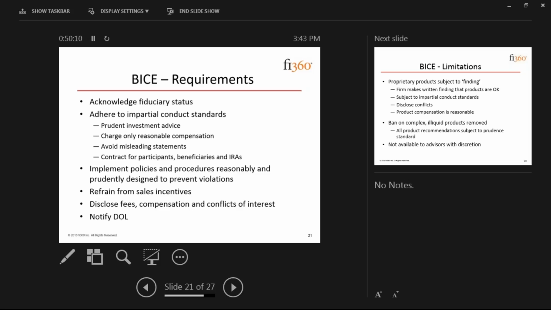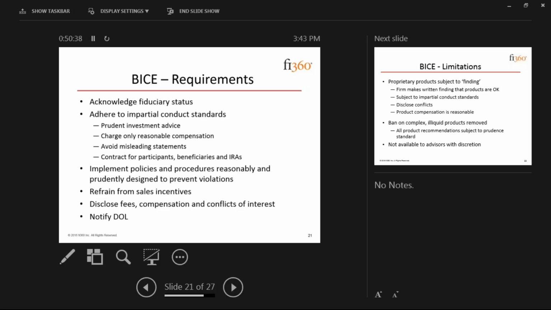And again, under BICE, you're going to need to enter into a contract with the participant, the beneficiary, or the IRA holder, a legal contract that will give them recourse to take action against you if they think you've done something wrong. As you move up to the firm level, and I mentioned this earlier, the firm will need to implement policies and procedures that are reasonably and prudently designed to prevent violations.